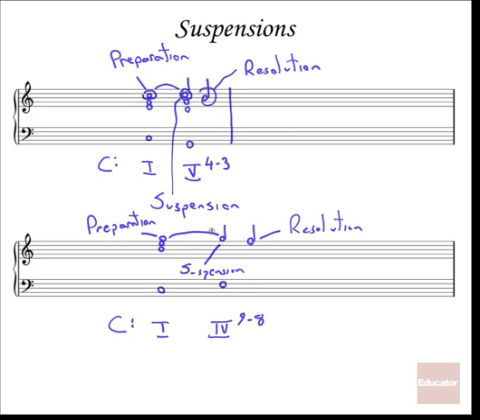And the last kind of suspension that we didn't talk about involving the upper voices is a 7/6 suspension. So what if we had, let's say, a C and, let's see, C, E, G, E, and then moving to, let's see, what about a B?